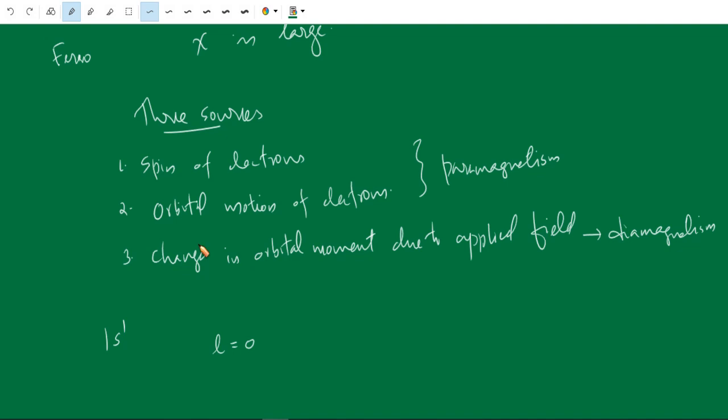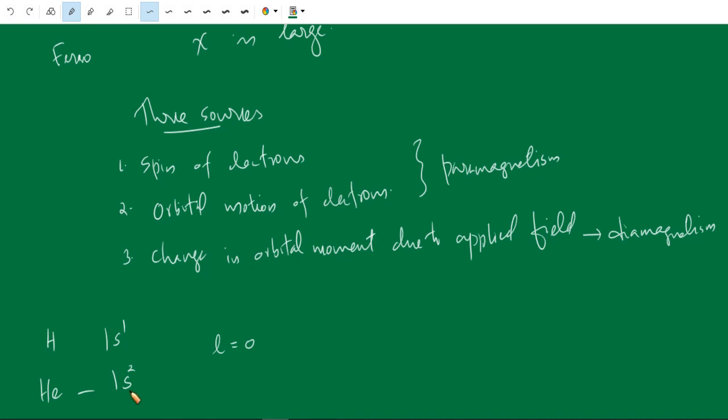But for the helium atom in the ground state, 1s2 is the electronic configuration. Here the s orbital is completely filled, therefore the spins of these electrons cancel each other. Then the spin magnetic moment is 0.